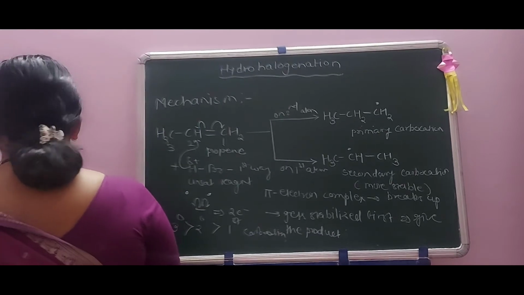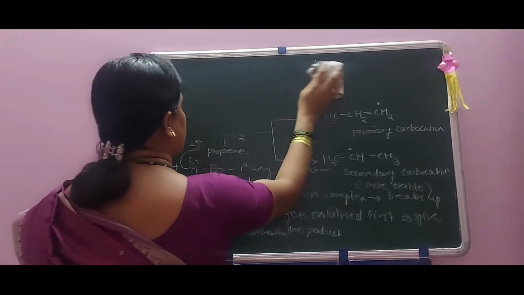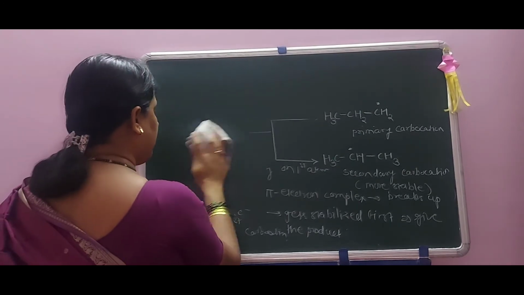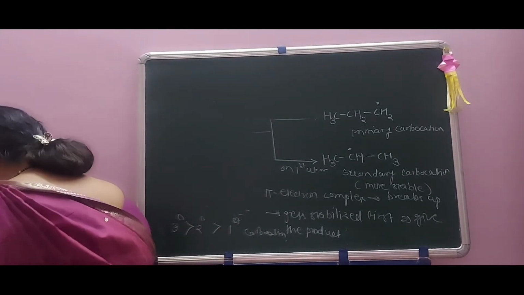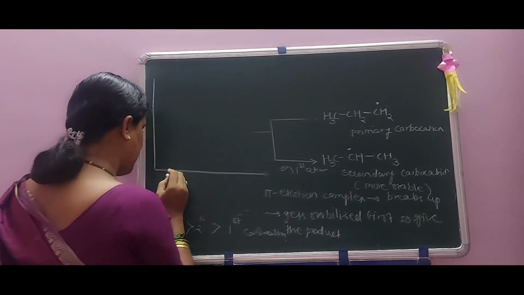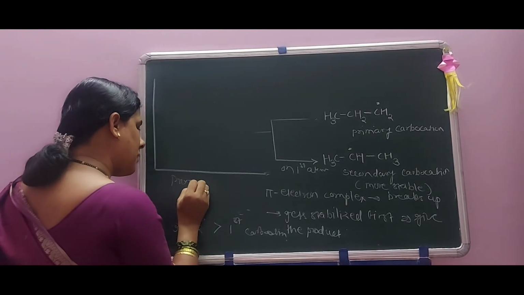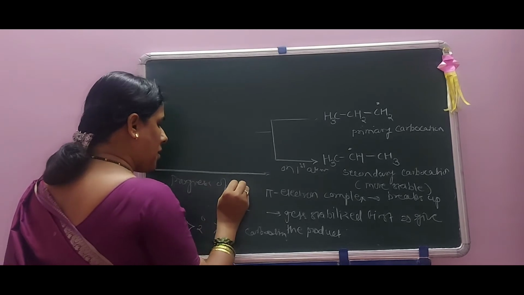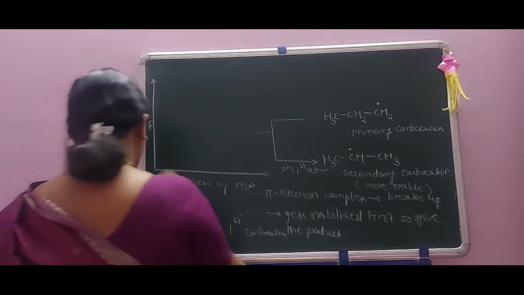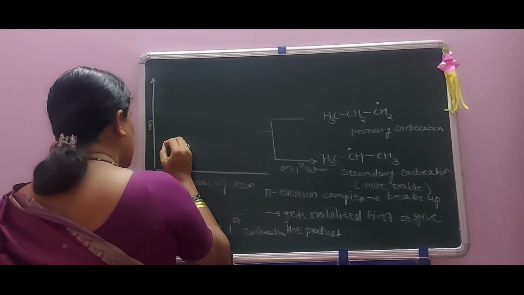According to the graphical representation, I will show you here: energy against progress of reaction. The graphical representation is like this.